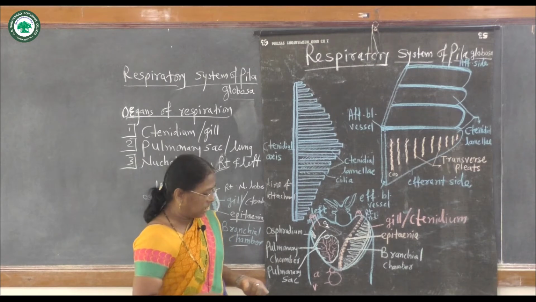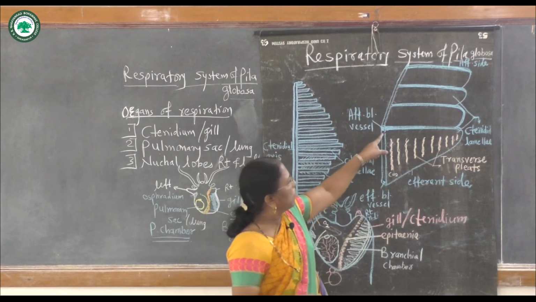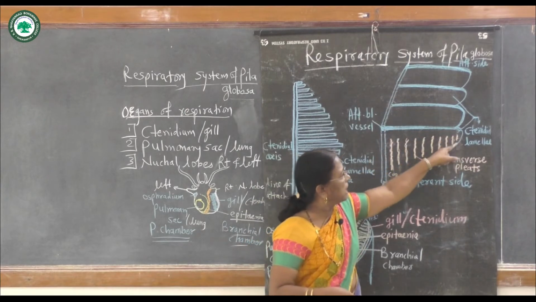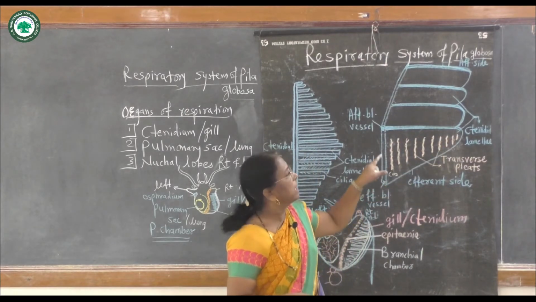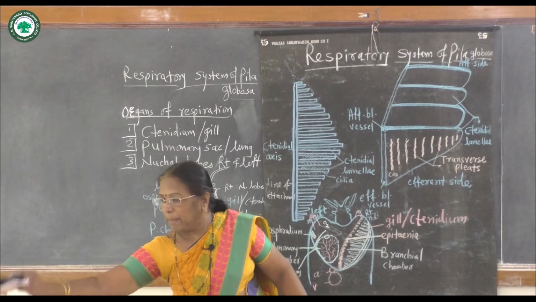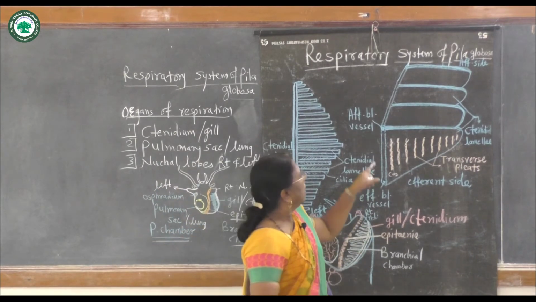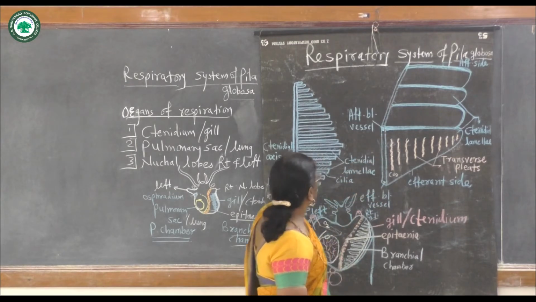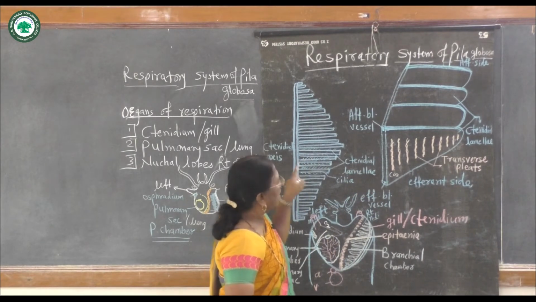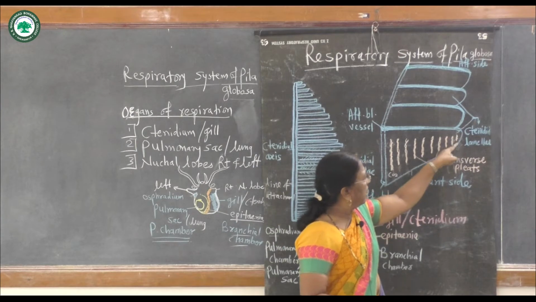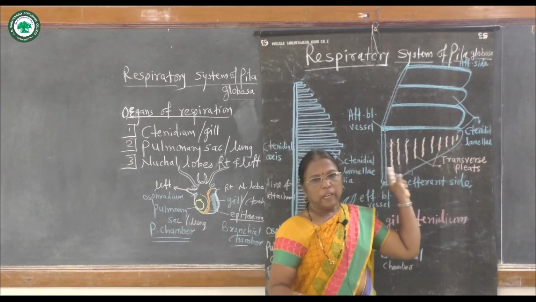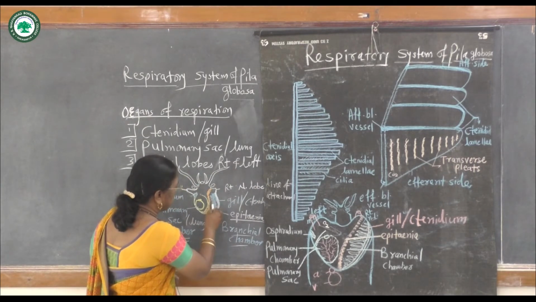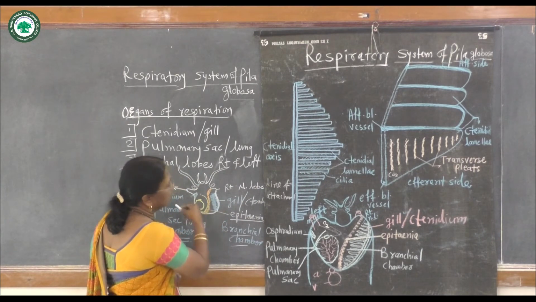has lamellae of triangular shape with a broad end. Suppose this is a single lamella. This single lamella has its broad end attached, and this narrow end or apex is free in the branchial cavity.